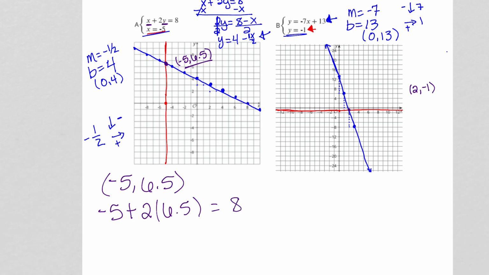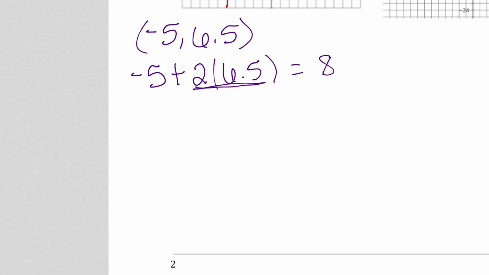All right, what is 2 times 6.5? A little bit more than that. It's not 0.5. So if I put it over here to the side, 6.5 times 2, what is 5 times 2? 10. What is 2 times 6? 12, plus 1? 13.